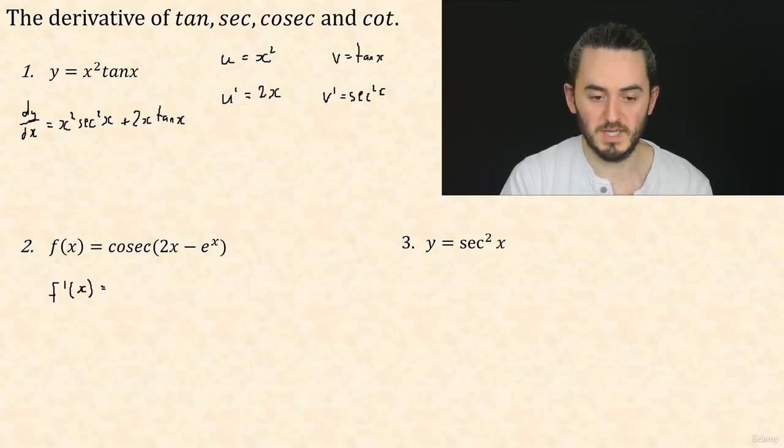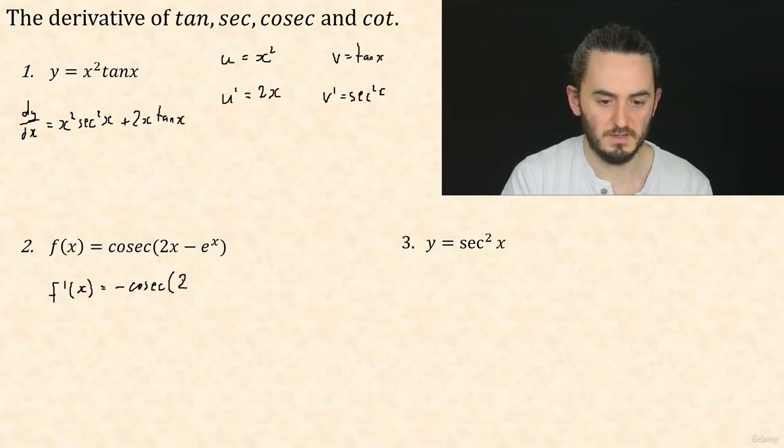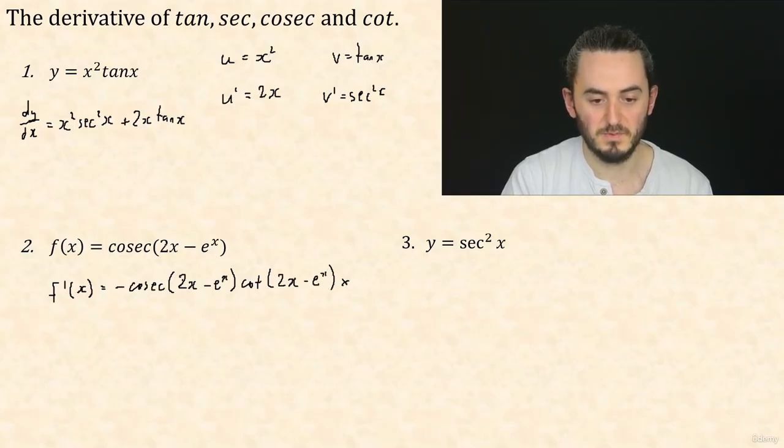The derivative of cosec is minus cosec cot. So it's going to be minus cosec of this stuff times cot of this stuff, and then all multiplied by the derivative of this stuff, which is 2 minus e to the x.